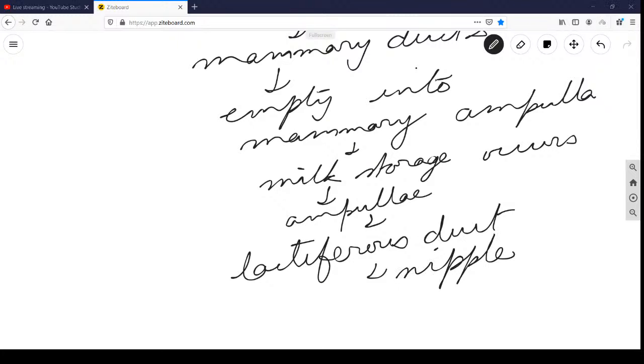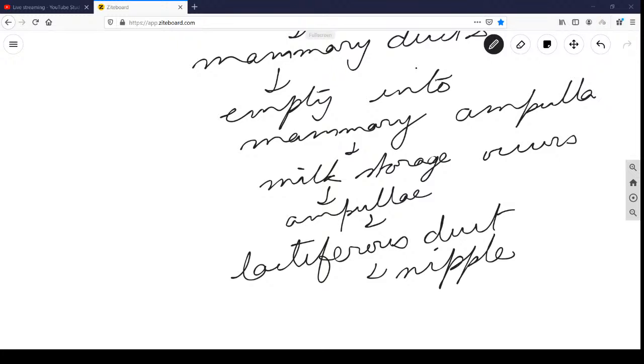The plural of ampulla is ampullae. So this is the entire flow chart, starting from the alveoli to the secondary mammary tubule, then the mammary duct, then the mammary ampulla, then the lactiferous duct, and then the nipple.